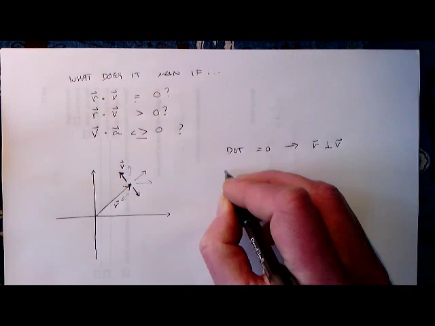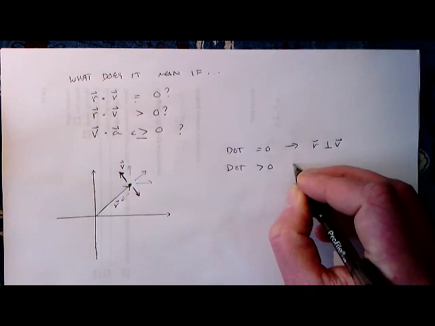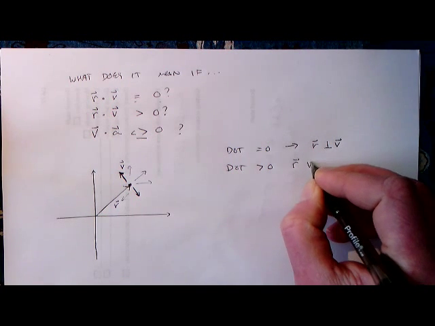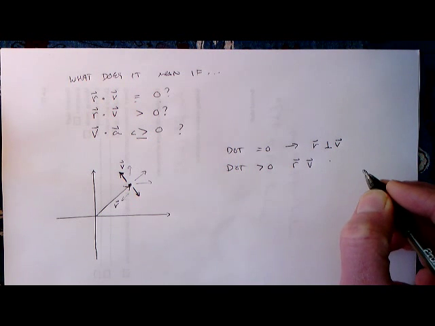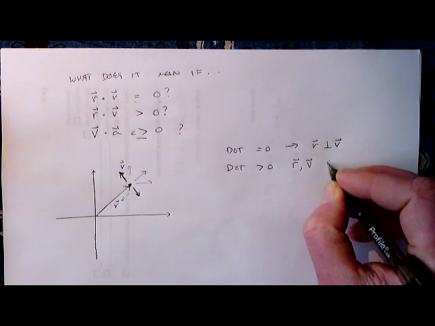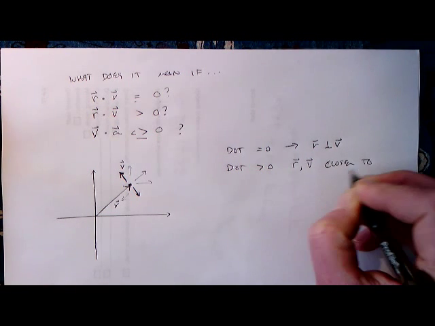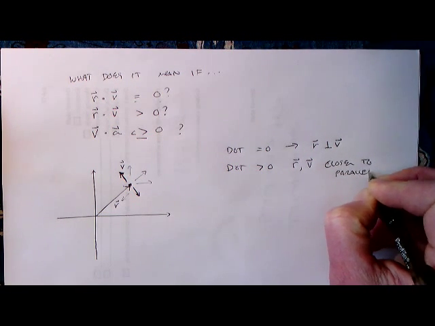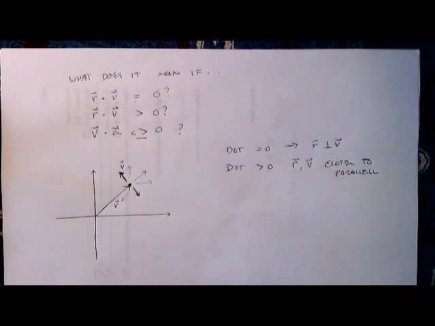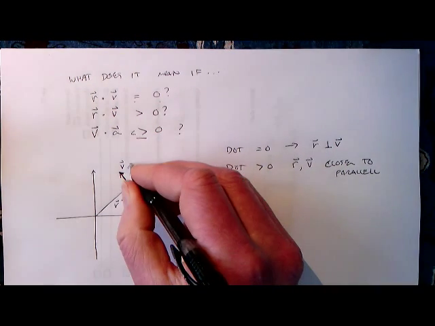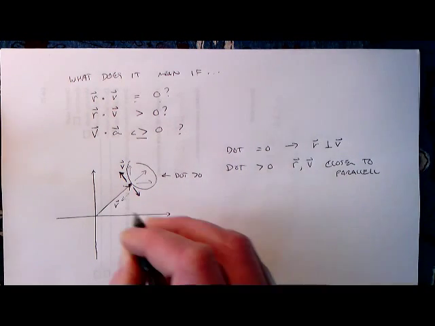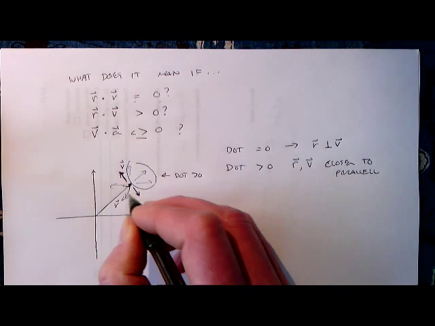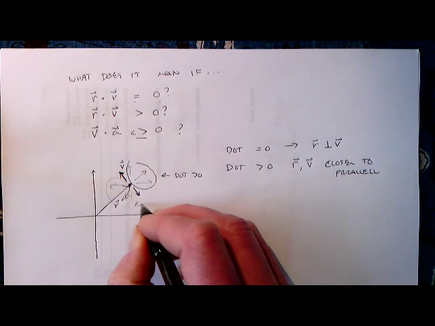The dot product is greater than 0 if r and v are closer to parallel than anti-parallel, so if some part of v points in the same direction as r. In other words, if the angle between them is between minus pi over 2 and pi over 2, the dot product will be greater than 0. So for all of these velocities, the dot product is greater than 0. And finally, any velocity going in this direction, the dot product is going to be less than 0.